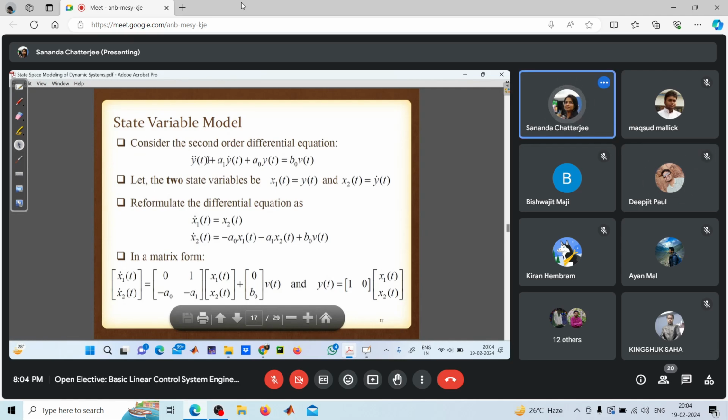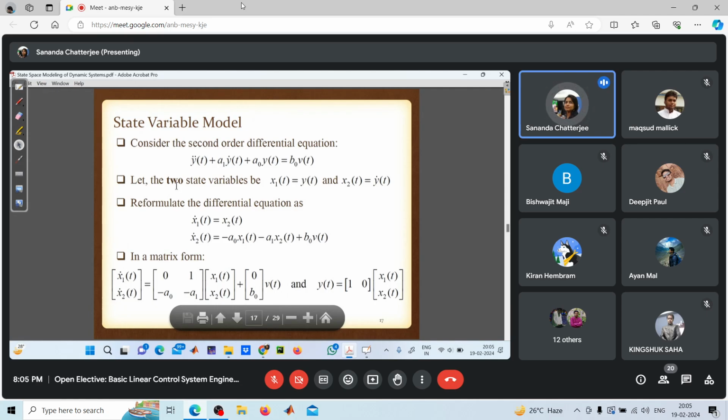So as we can see, the differential equation is of order 2. We can say that only two states will be required to describe the system, and we have the privilege to select the states. One thing you have to keep in mind, this state space representation is not unique in nature.